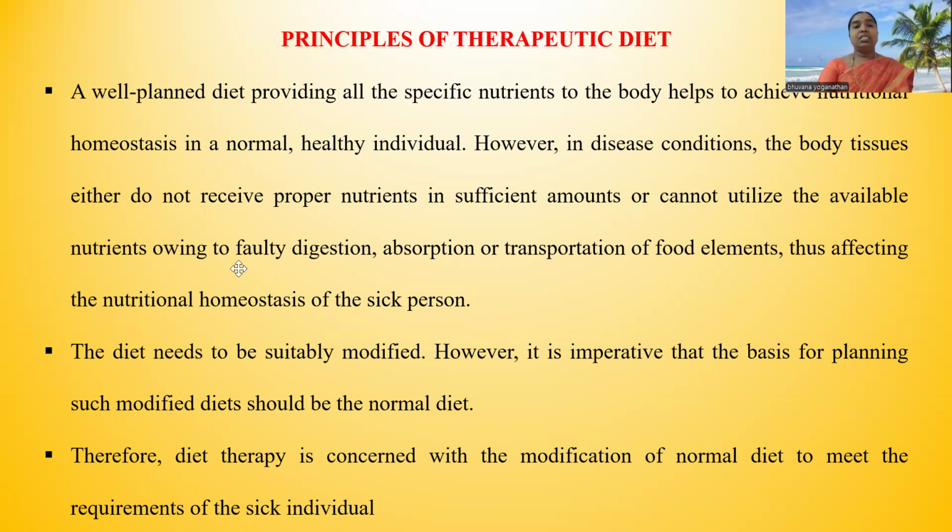The diet needs to be suitably modified. However, it is imperative that the basis of planning such a modified diet should be the normal diet. Therefore, diet therapy is concerned with the modification of normal diet to meet the requirements of the sick individual.